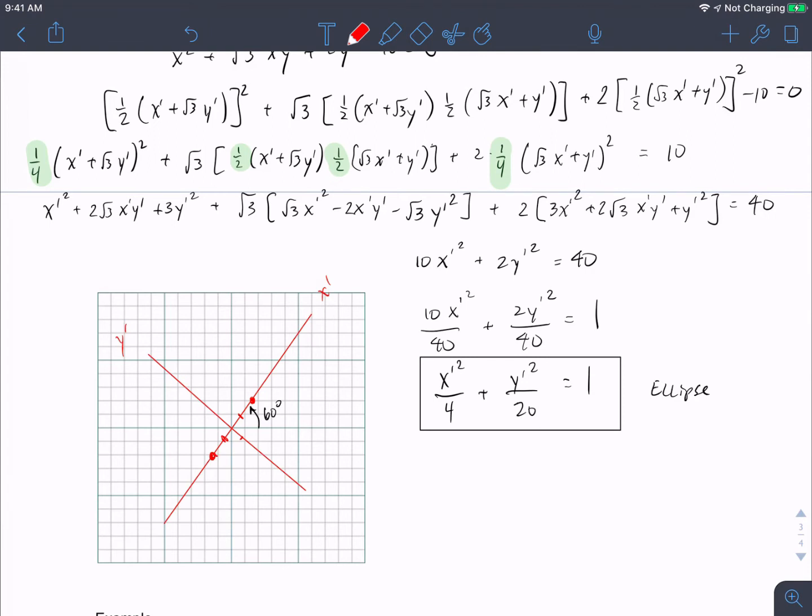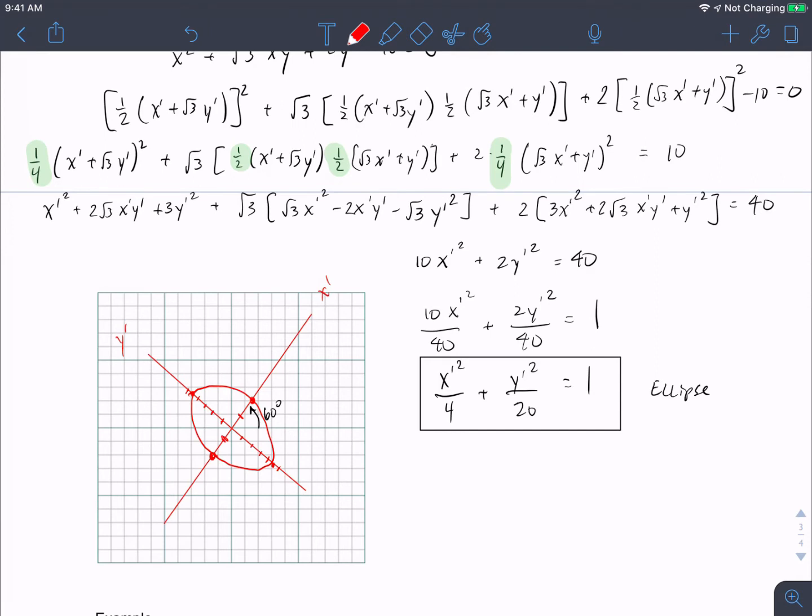It's 4.47. So 1, 2, 3, 4, 5, and so the ellipse that we're going to get is this one.